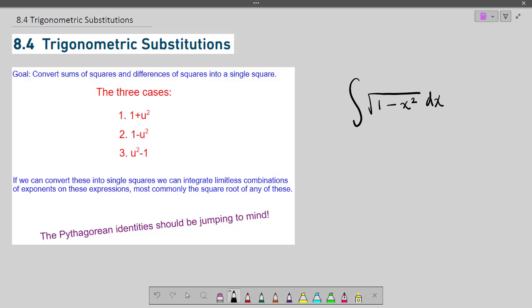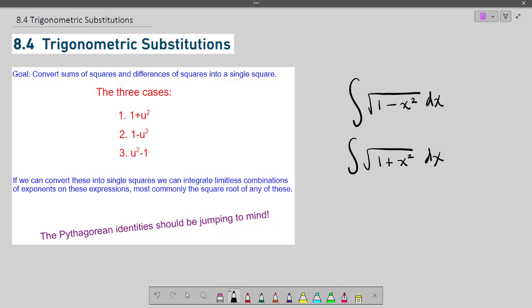But if there's not an x on the outside, substitution's not going to work. And so we have a lot of these situations where we end up with sums and squares, sums and differences of squares. This one inside here is a difference of squares. Inside here we have a sum of squares.